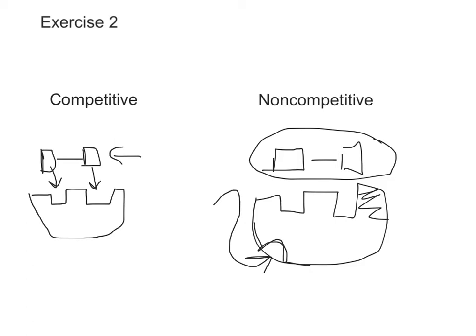In this activity, for exercise 2, you're going to prepare again 3 test tubes. So let me get rid of these, get rid of my drawings. All right. So we are going to have our 3 test tubes again, and let me draw those out.